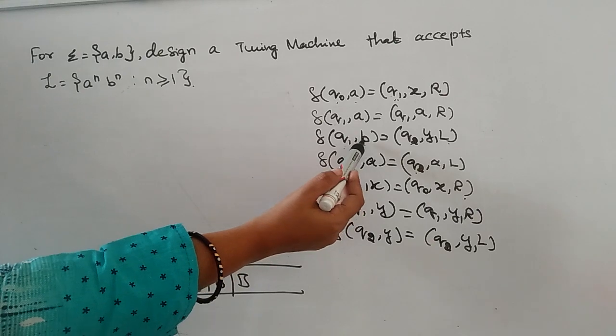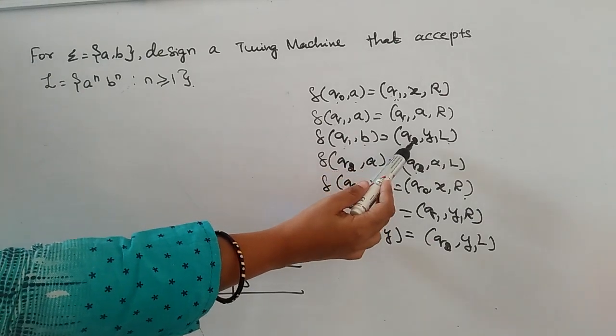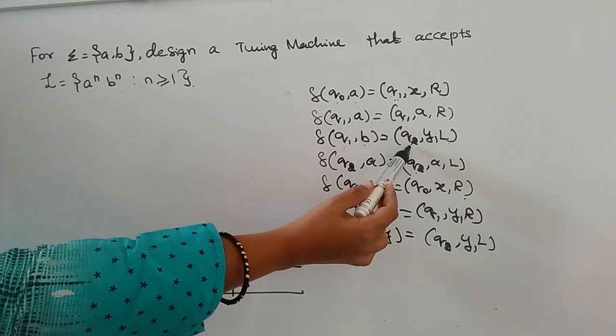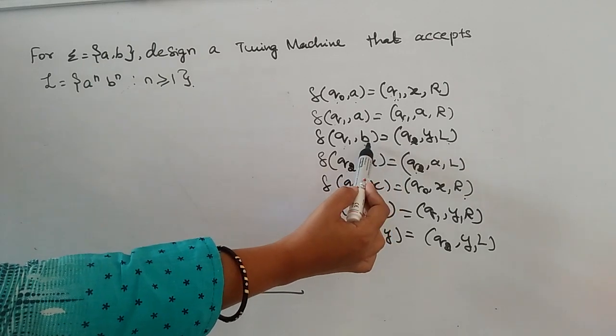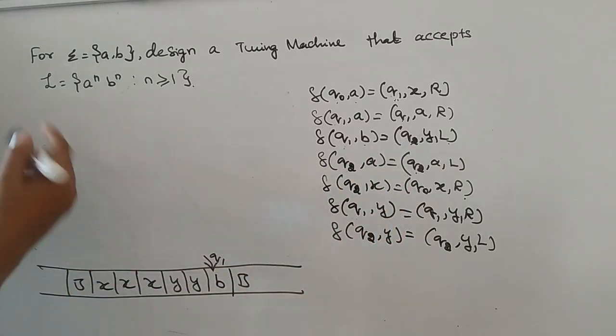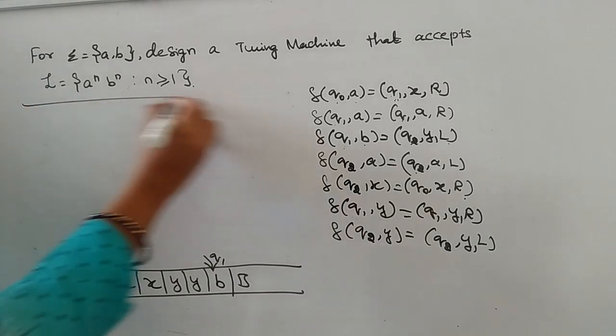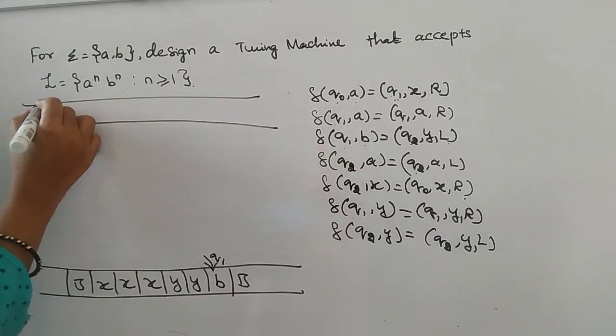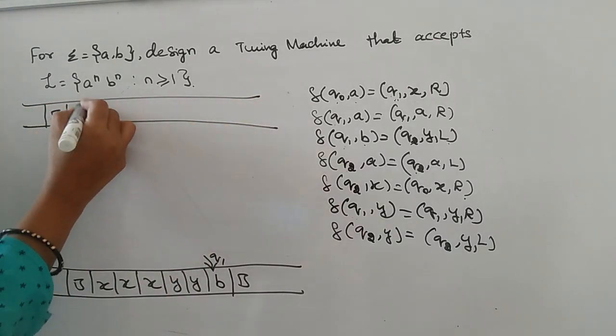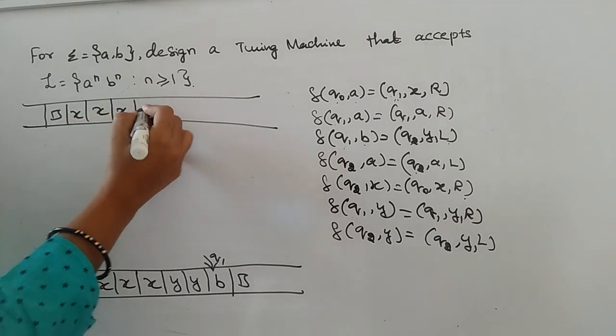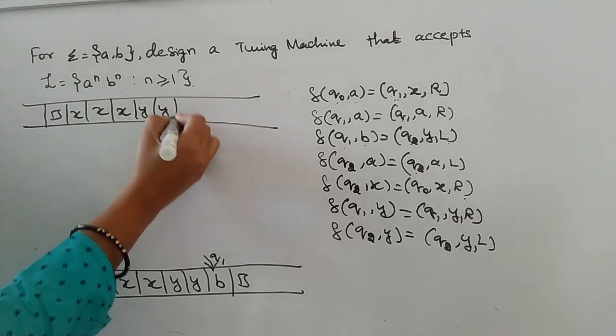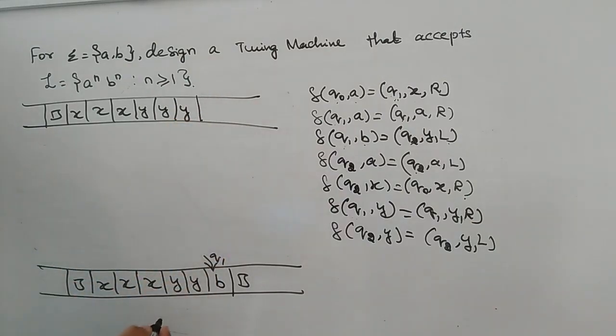Del of Q1 comma B means your machine will be shifted from the state Q1 to Q2 and B will be replaced by Y. That's why this diagram will be converted as X, X, X, Y, Y and it will be replaced by Y.